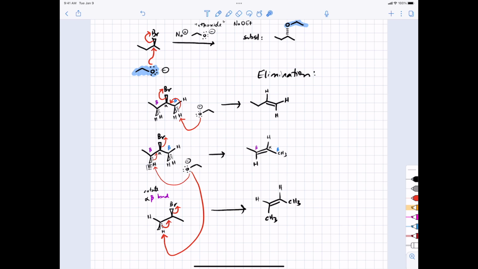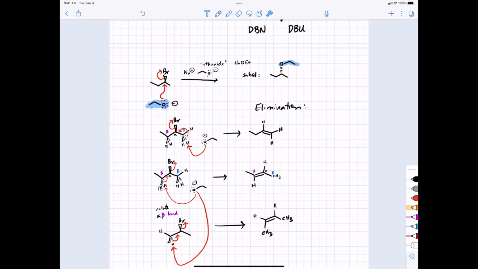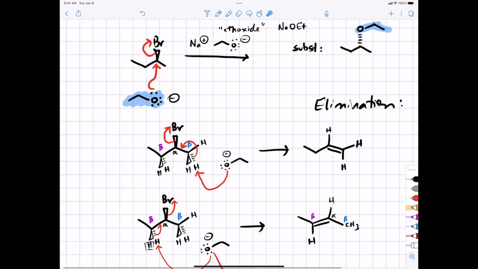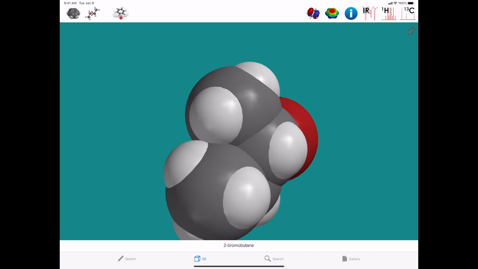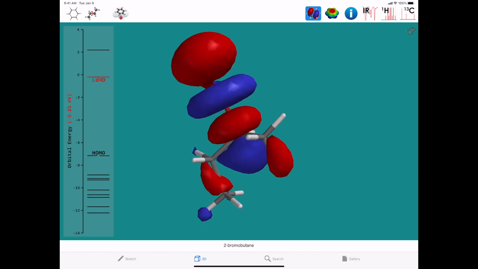Other questions? What about that big long side chain that we weren't dealing with on that first molecule? The big long group that we weren't dealing with on our first molecule, actually this is that molecule. The one you modeled in Spartan is actually that molecule.